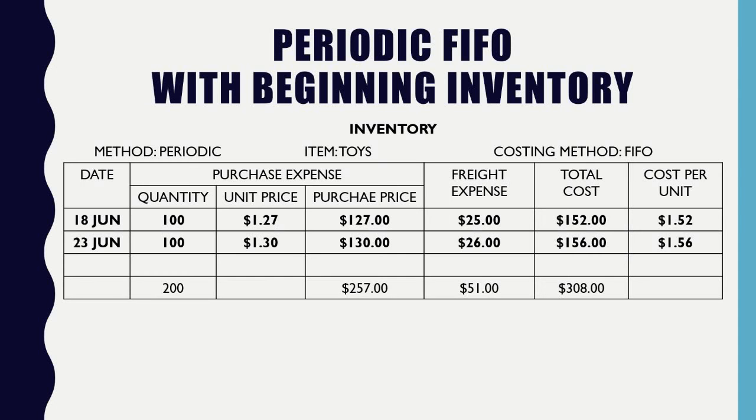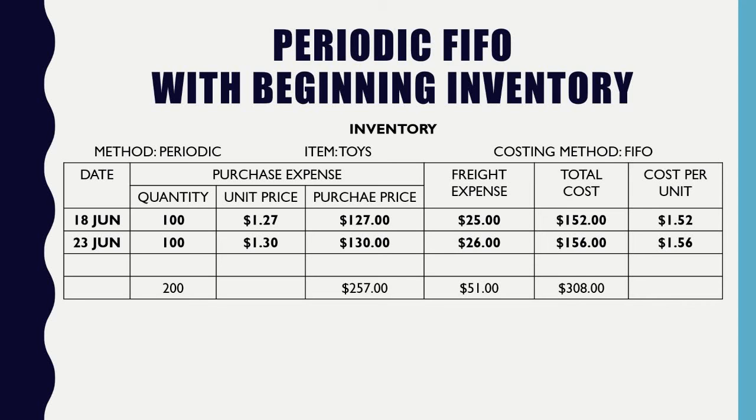Okay? So again, we're going to plug all of our information into our inventory worksheet. So on June 18th and June 23rd, as we can follow along, we have 127 plus 25 to give us a grand total of 152, which we solved.